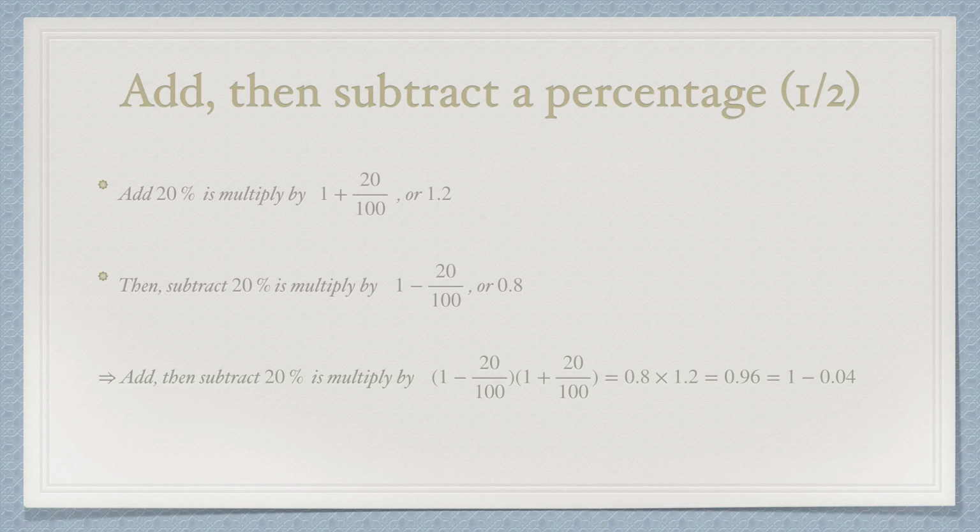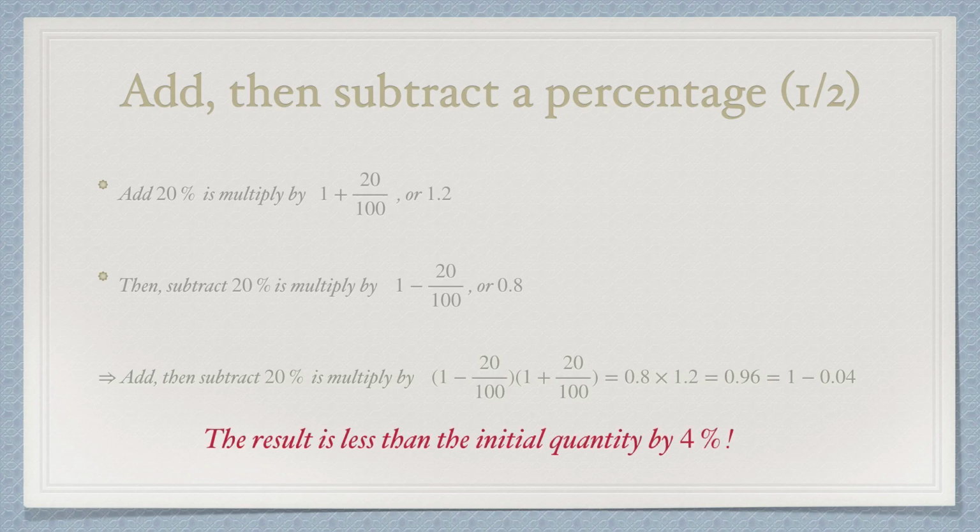So add 20% and then subtract 20% is multiplied by 1 minus 20 over 100, 1 plus 20 over 100, is equal to 0.8 multiplied by 1.2, that is 0.96, that is 1 minus 0.04. It is not 1.